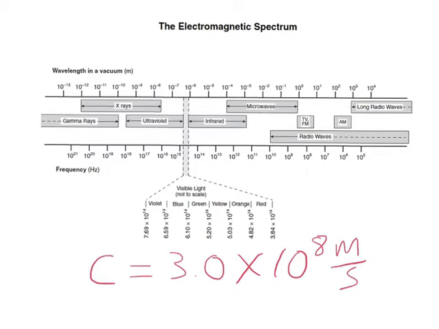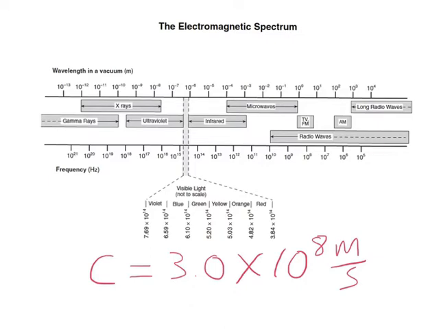are familiar: radio waves, microwaves, X-rays, ultraviolet, visible light. It's all the same stuff. The only thing that differentiates these different types of electromagnetic wave is their frequency or wavelength. They are fundamentally the same stuff.